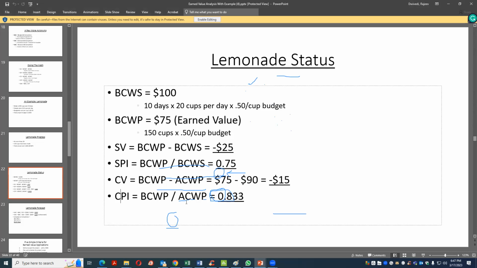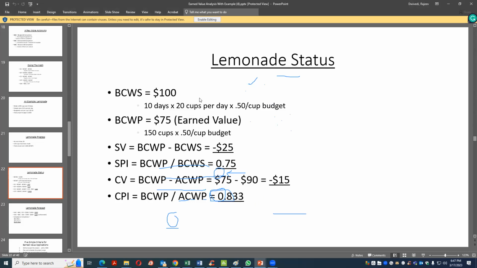So cost performance index equals BCWP divided by ACWP, which is 0.833. So 75 divided by the actual cost 90, which is 0.833.